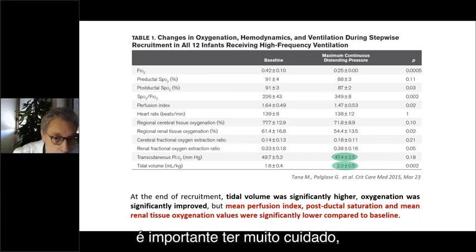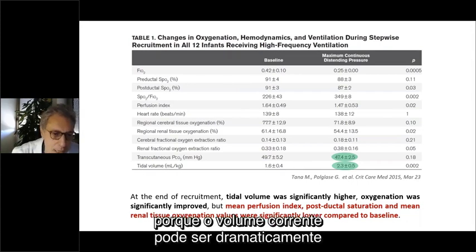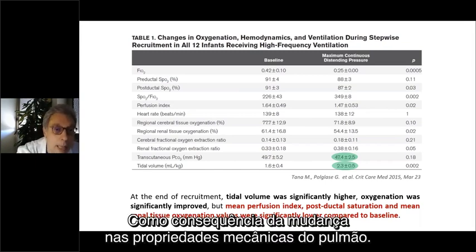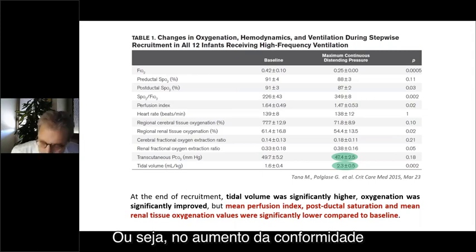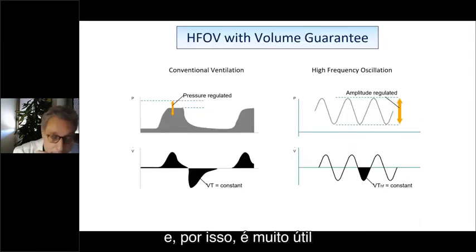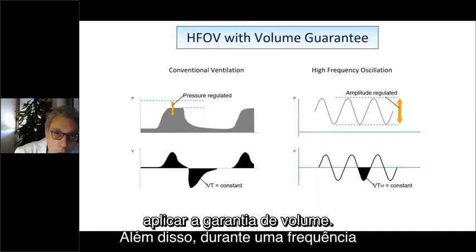It's important to be very careful because the tidal volume could be dramatically changed secondary to the change in mechanical properties of the lungs, that is, the increase of the compliance. And this is why it's very, very useful to apply the volume guarantee also during high frequency.